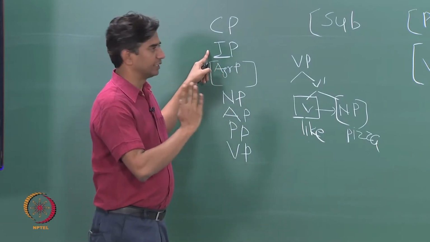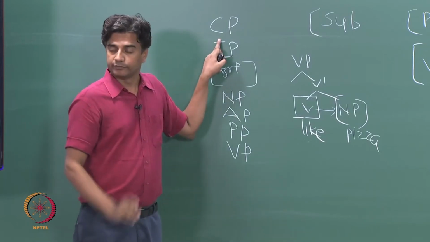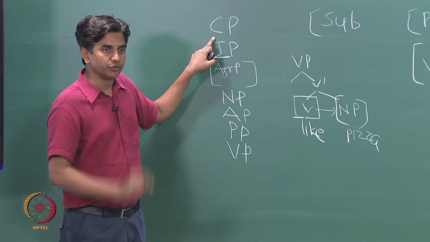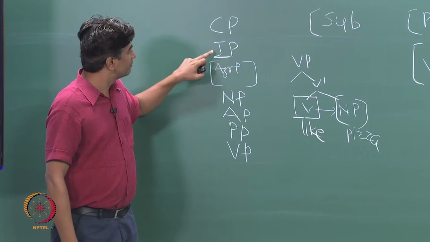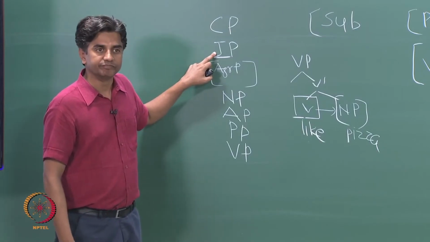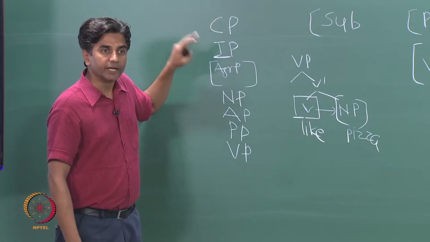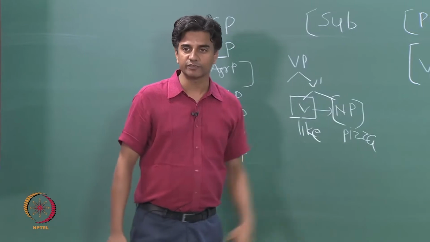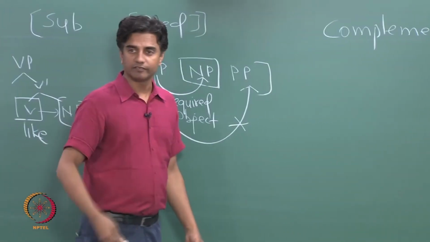I don't have liberty for digression right now, can't take a detour, but I do want to give it a conclusive shape so that at least you know what this means. CP is more than IP. CP is more than IP because for a CP, how do we get the structure of a CP? How do we get the structure of a CP? Help me.